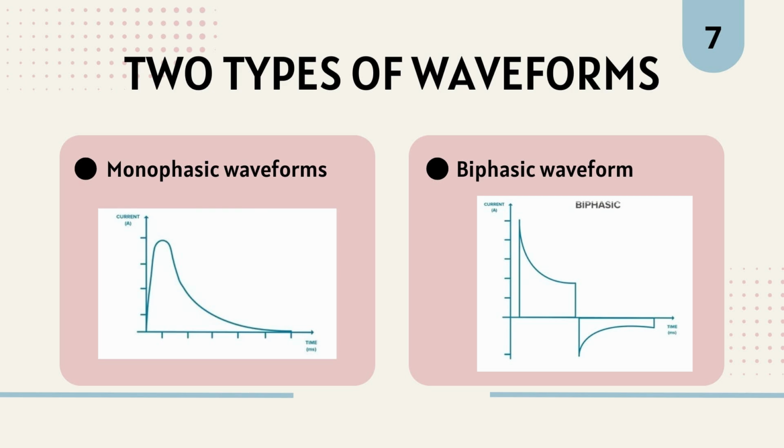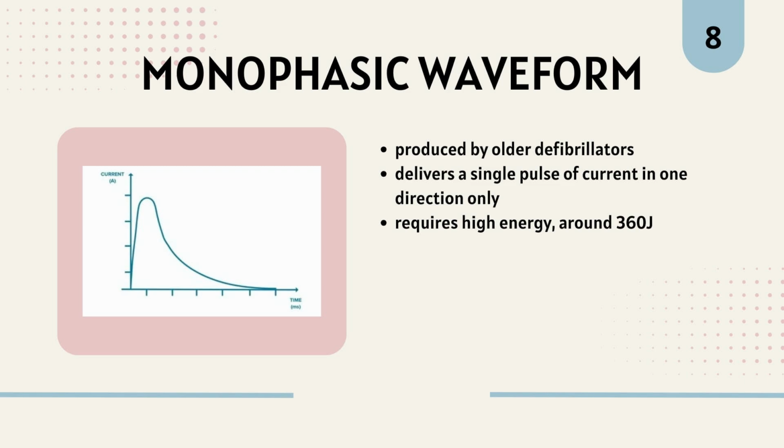Now, there are two types of waveforms formed by the defibrillator. One of it is monophasic waveforms and the other is biphasic. Monophasic waveforms are produced by older defibrillators and only deliver a single pulse of current in one direction only.